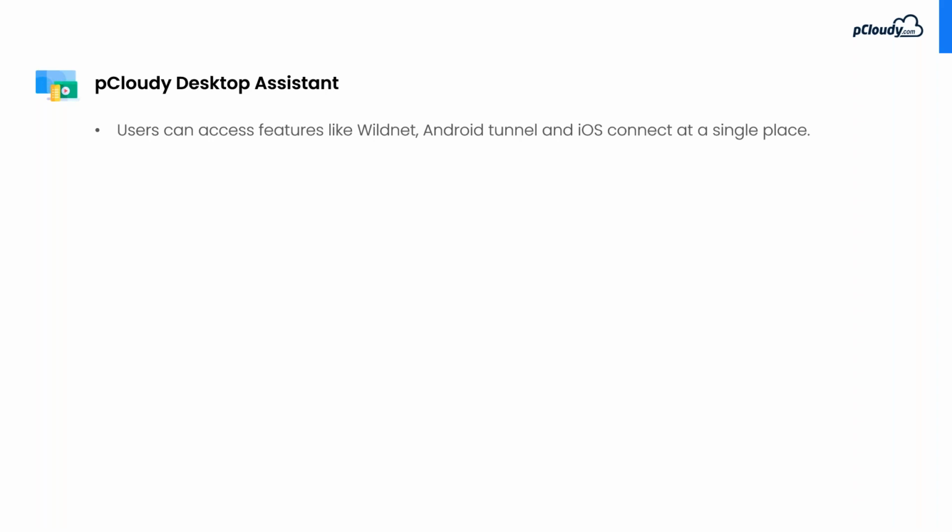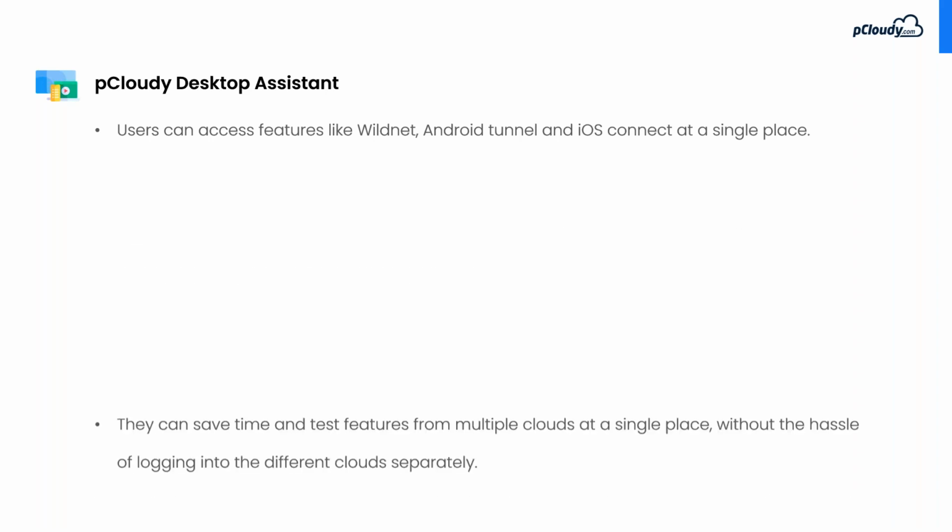So you don't have to separately download separate jar files and other utilities. Everything is common in one single place. This improves the usability of these features significantly, since they can be accessed and used from a single place. That's the benefit of having the PDA.